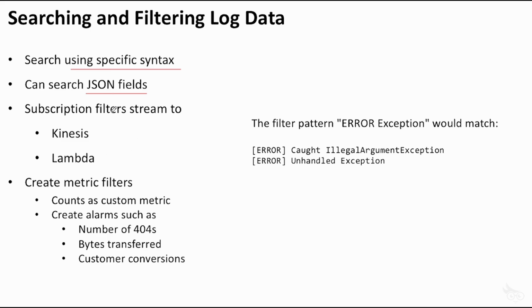We can create what we call subscription filters. So not only can we go in and just type something like this, error exception, in the search field, which would match messages like these, we could also turn those searches into subscription filters, so that as these logs come in real time, each log message is compared against that subscription filter, and messages that match that filter could then be streamed into Kinesis.